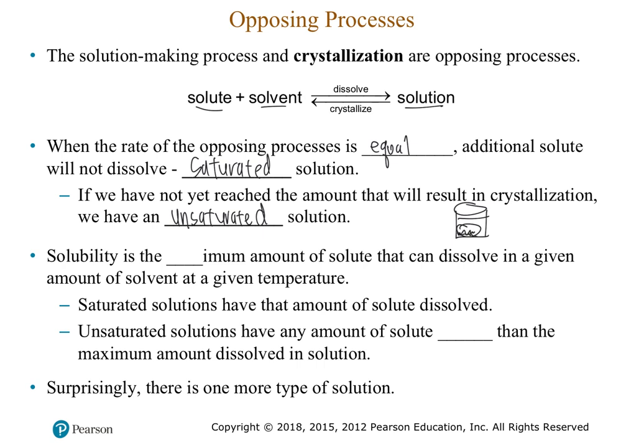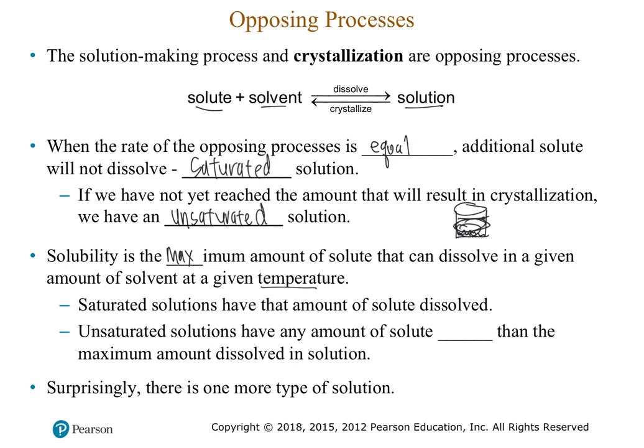And I do get a bunch at the bottom. Okay, then the solution I have above here, that's my saturated solution. Solubility is related to this. So solubility of a certain compound is the maximum amount of solute that you can dissolve into a solvent at any given temperature. So temperature is important to this, and we're going to talk about that soon.